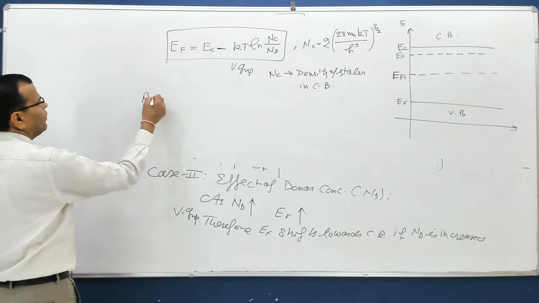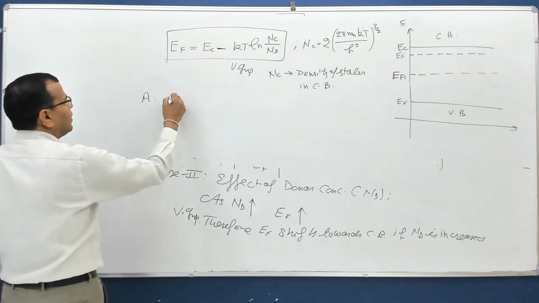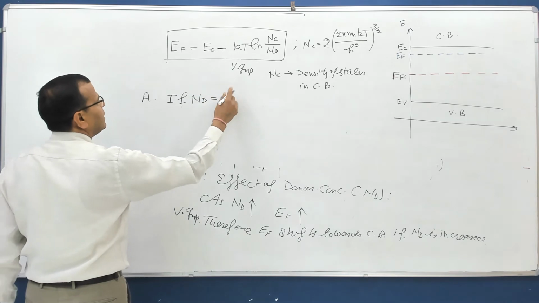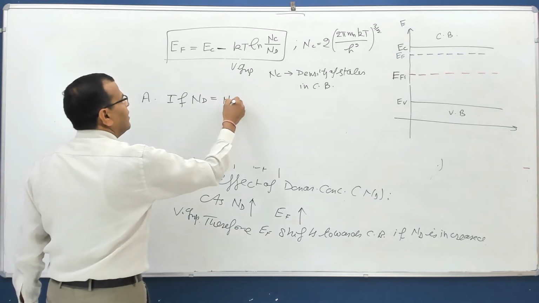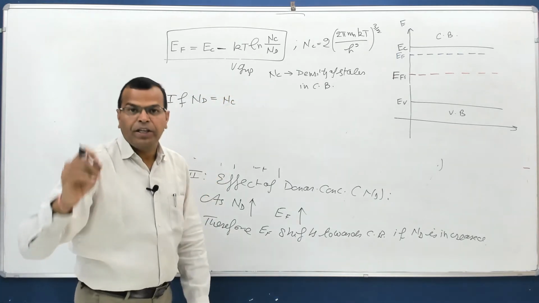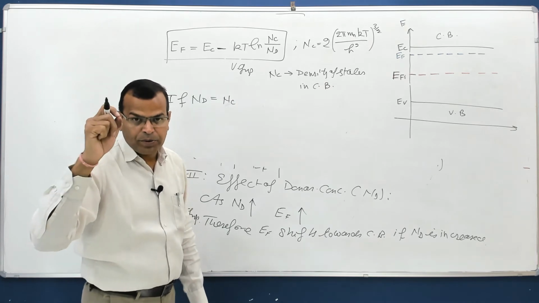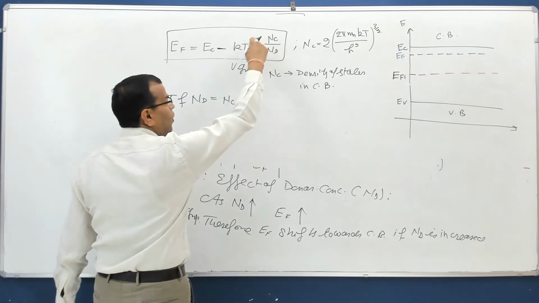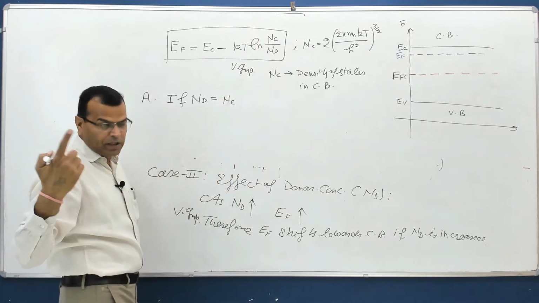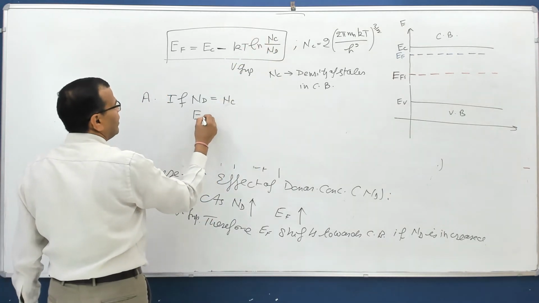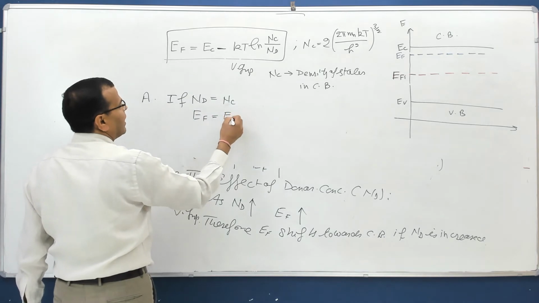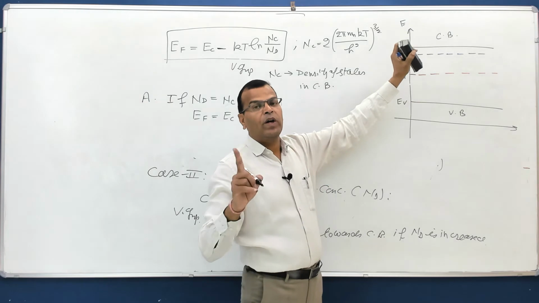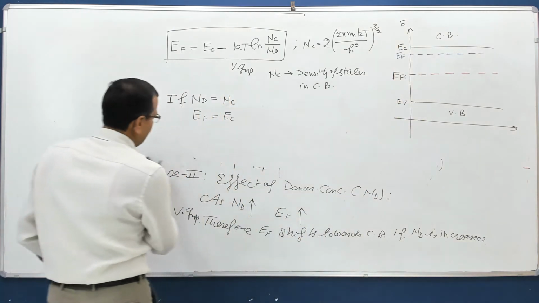A: if ND is equal to NC, the donor concentration is the same as the density of states in the conduction band, so this is log 1, and log 1 is 0. So the Fermi level is lying at the lowest level of the conduction band.